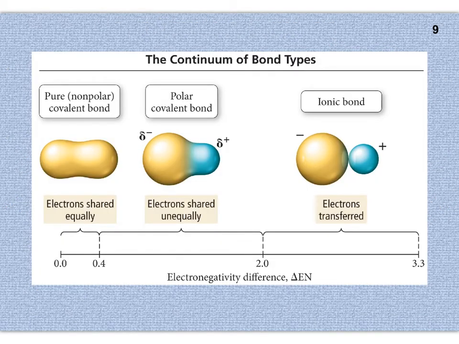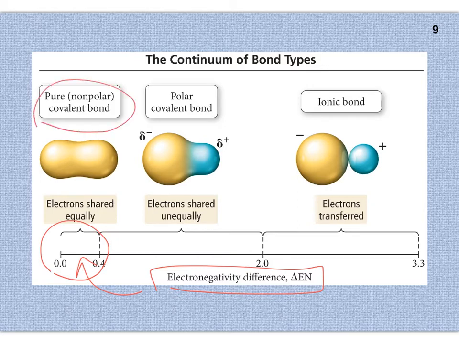I love this diagram. It's just a pictorial to show the different bond types rather than using a bunch of words. So down here we have electronegativity difference actually. If the electronegativity difference is between 0 and 0.4, that's not very much difference, and so that's where our nonpolar covalent bonds are.